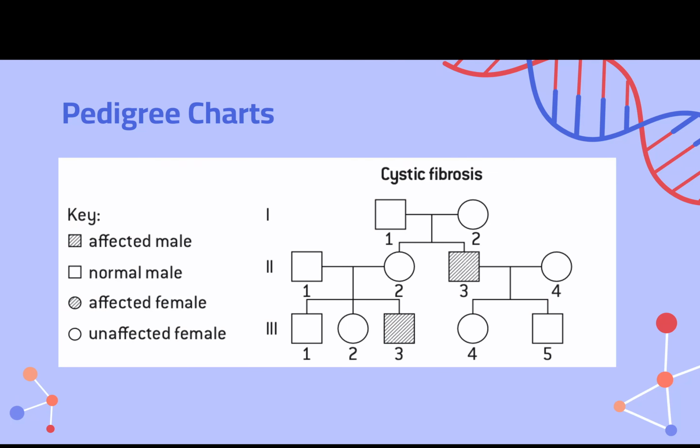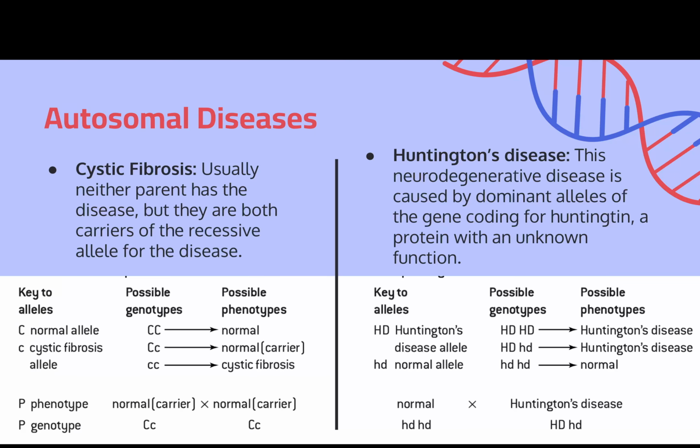Is that because there's no affected parents because of the low life expectancy? No, it's not that there are no affected parents because of the low life expectancy. It's because it would be rare that two people who have cystic fibrosis would have children.